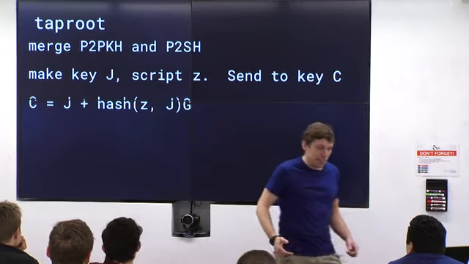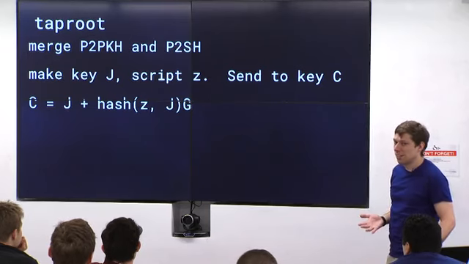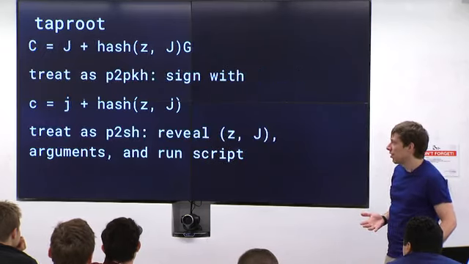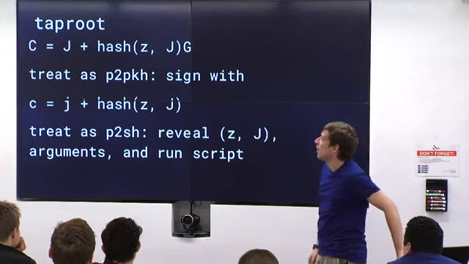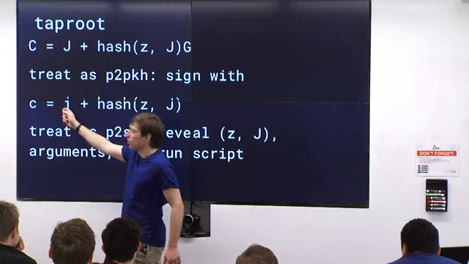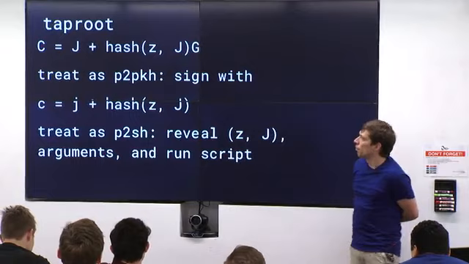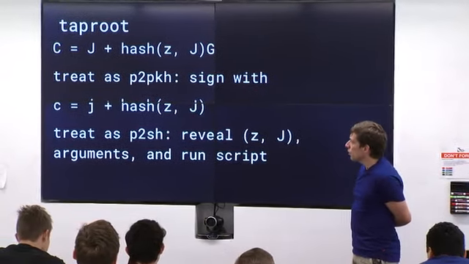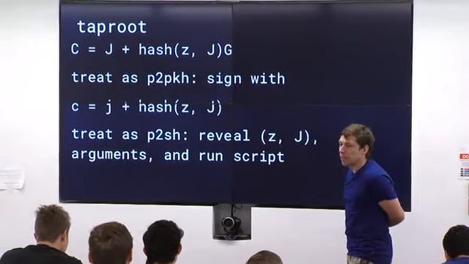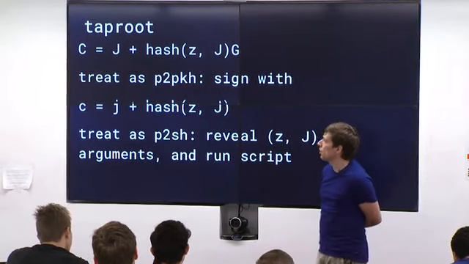That's a regular key. Do I know little c? Sure. I know that little c is just the j private key plus this hash. So if I want to treat it as a pay to pub key hash, I just sign with little c, I sign my transaction, and I'm good.